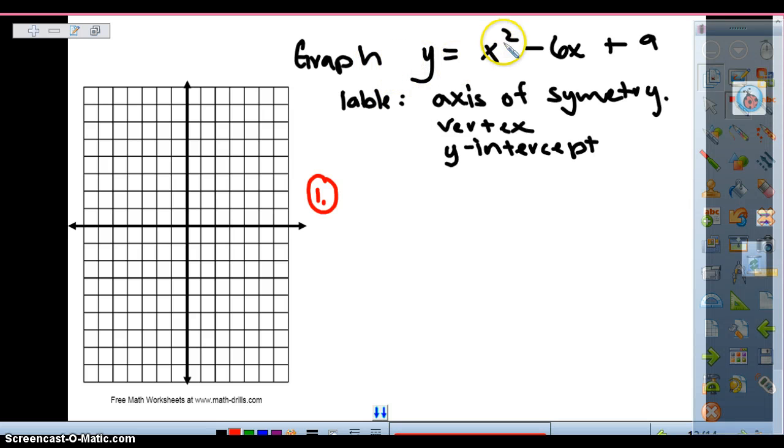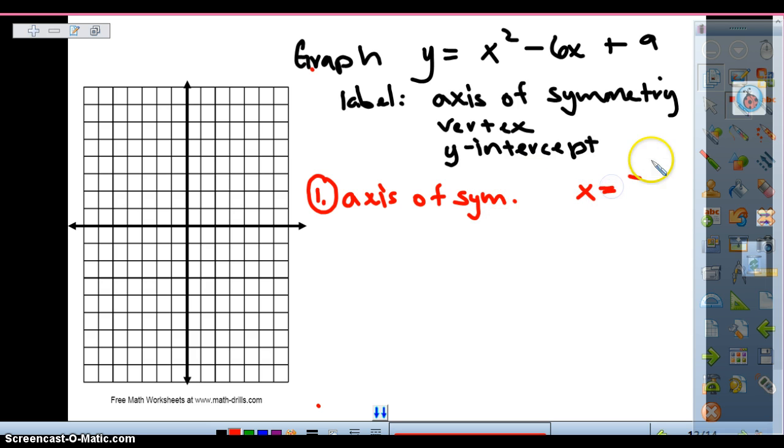Graph y equals x squared minus 6x plus 9. Label the axis of symmetry, vertex, and y-intercept. So we need to start by finding the axis of symmetry.